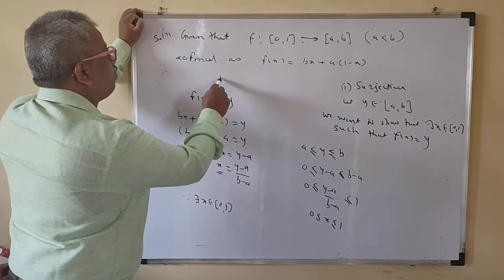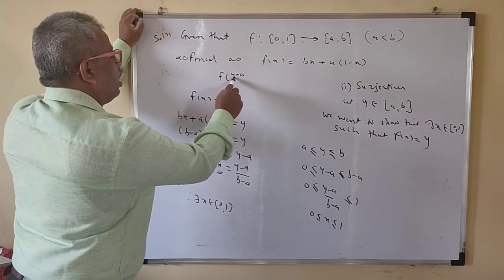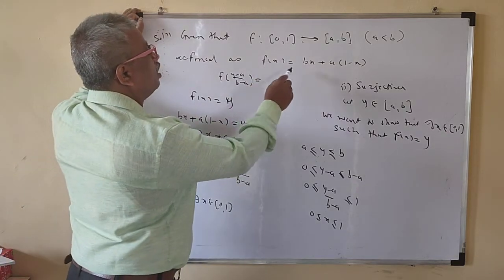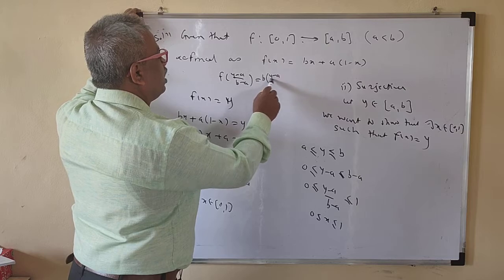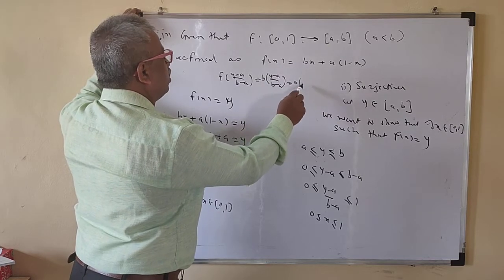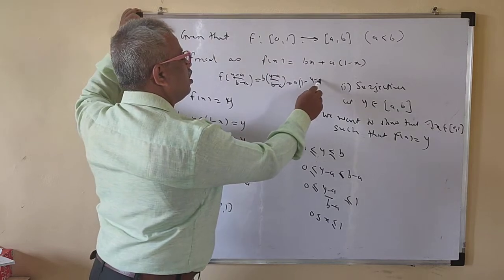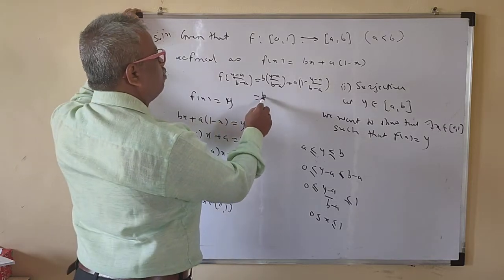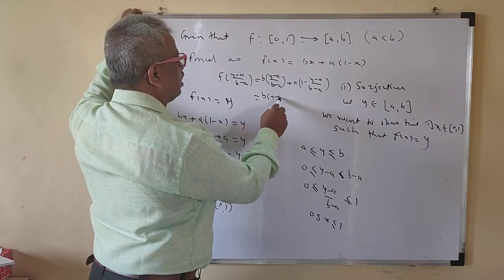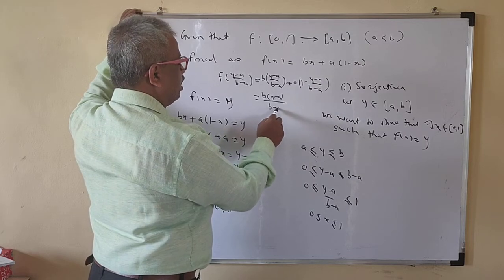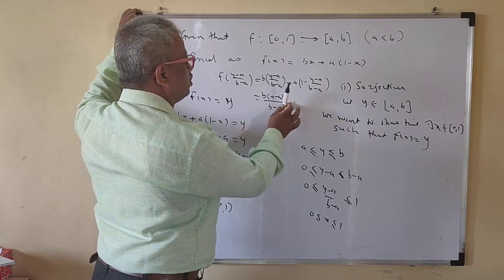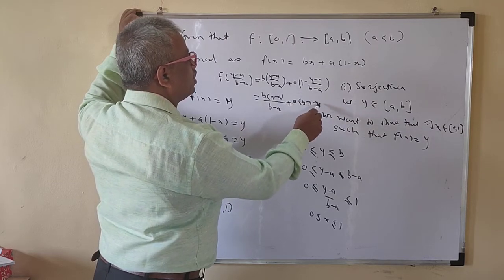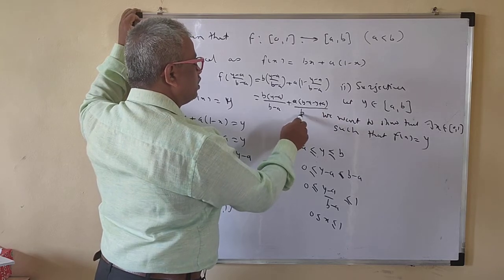Now if you find f of y minus a upon b minus a, you should get y. We will check that. This is b times y minus a upon b minus a, plus a into 1 minus y minus a upon b minus a. We will check whether it is y or not. So this is b times y minus a upon b minus a plus a into b minus a minus y plus a upon b minus a.